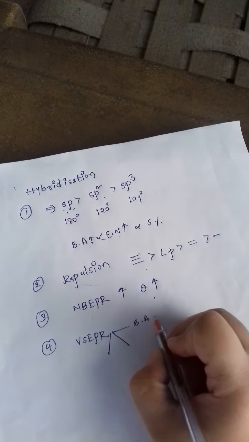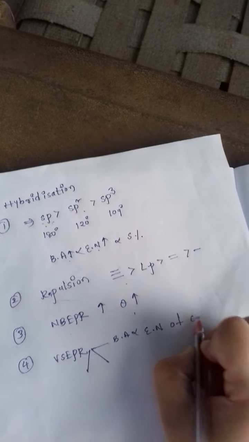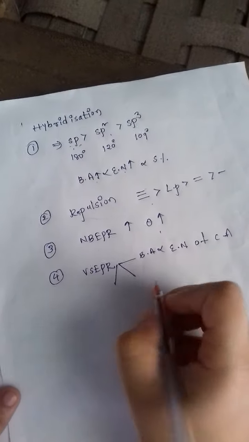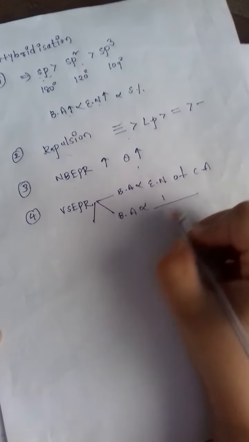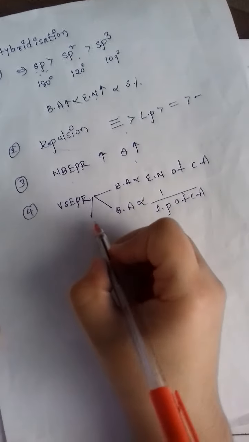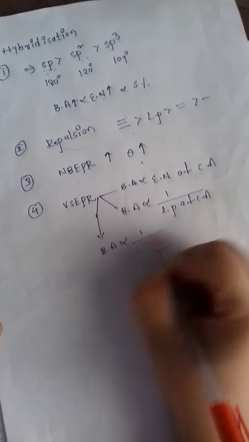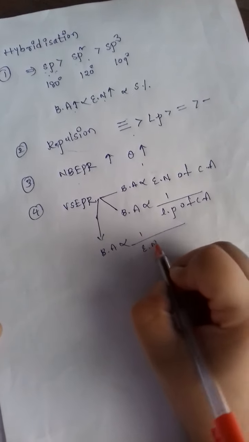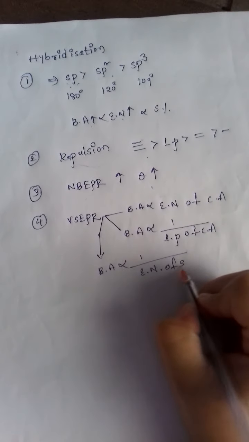Bond angle is directly proportional to the electronegativity of the central atom. Bond angle is inversely proportional to the lone pairs on the central atom. And third, bond angle is inversely proportional to the electronegativity of the side atom.